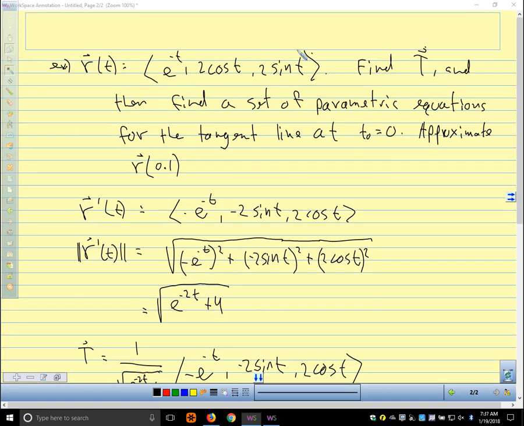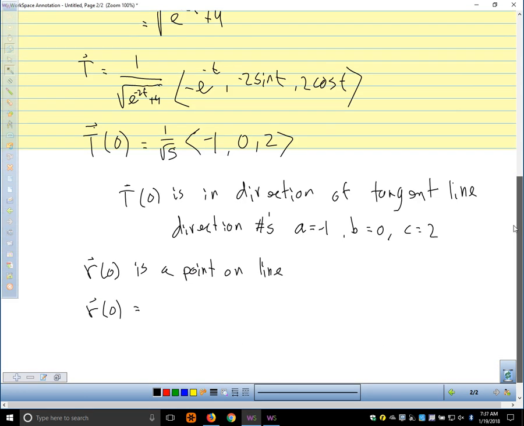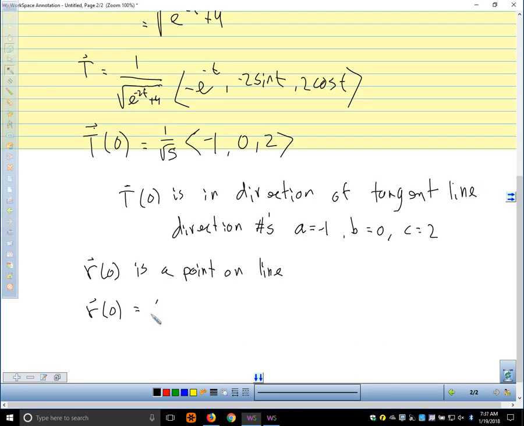If we think of this as a position vector, if we plug 0 in there, our R of 0 is 1, 2, 0. So that's a point on that tangent line. So our equations for our line are x equals 1 minus t, y equals 2, and z equals 2t.